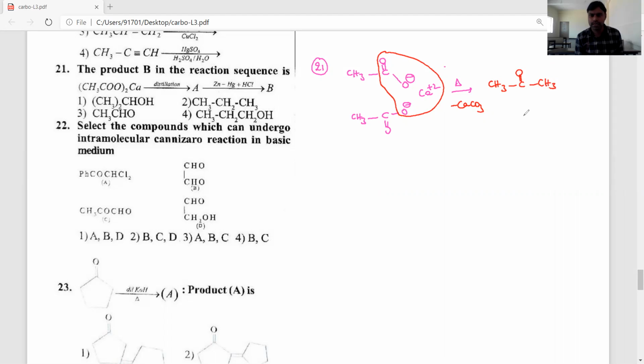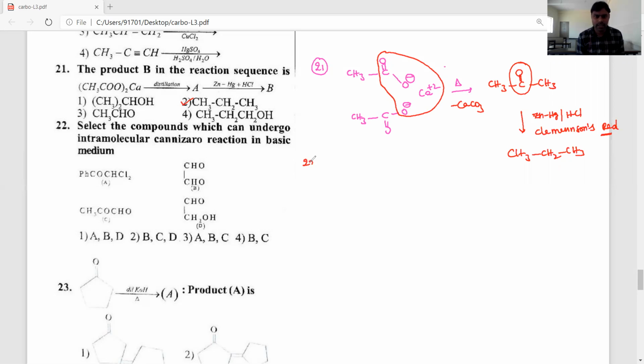Acetone is the product. This acetone is treated with zinc amalgam HCl, which is known as Clemmensen reduction. In the Clemmensen reduction reaction, the C double bond O is converted into alkanes, CH3 CH2 CH3. So okay, acetone is converted into propane. So the answer is the second option.